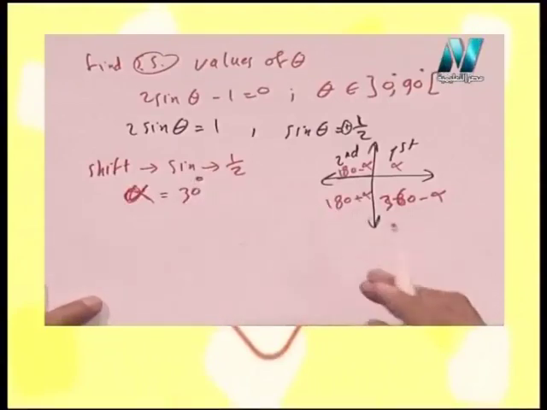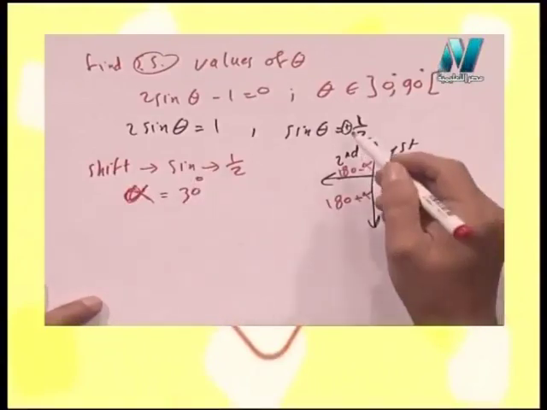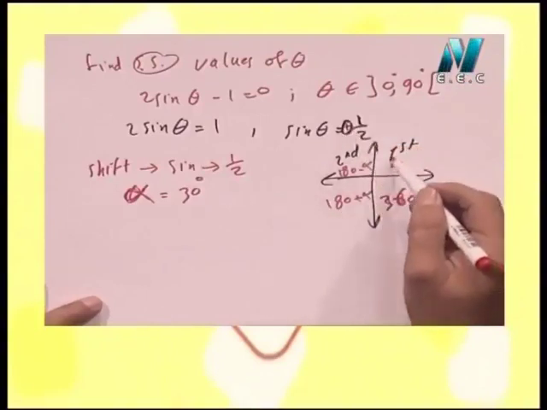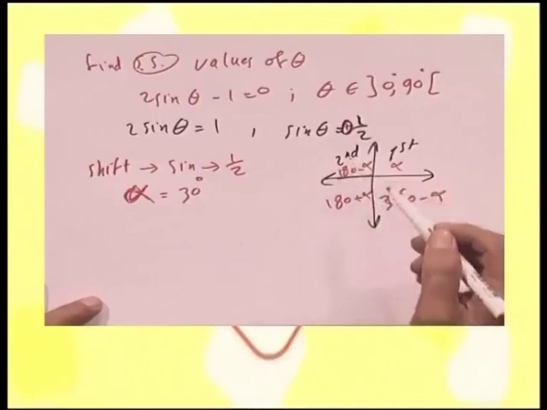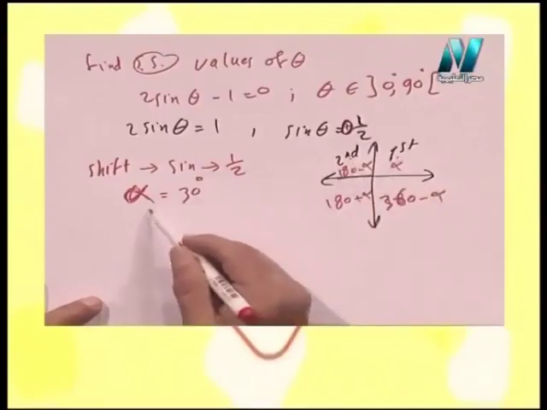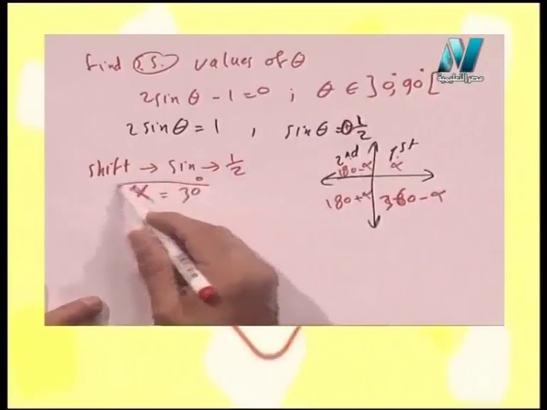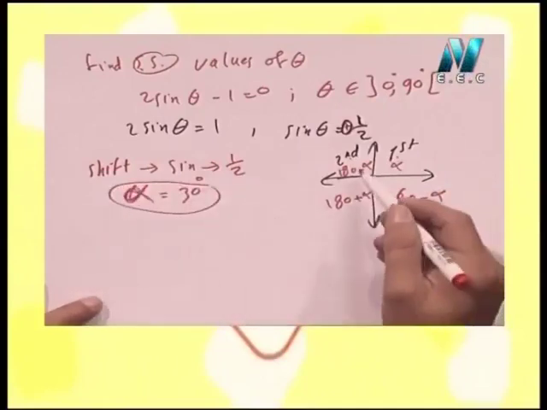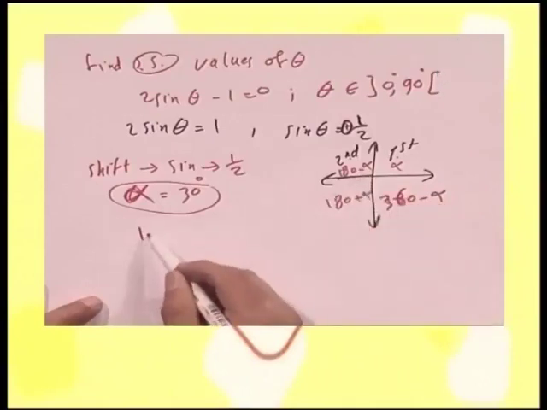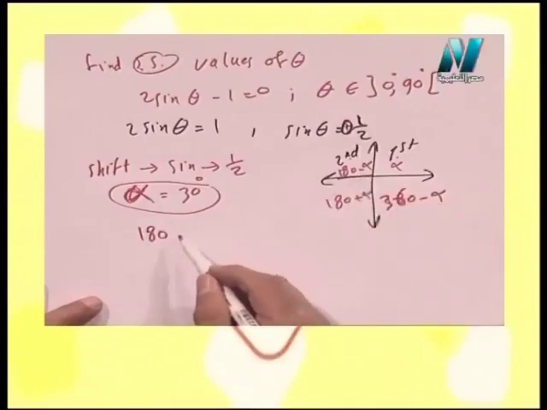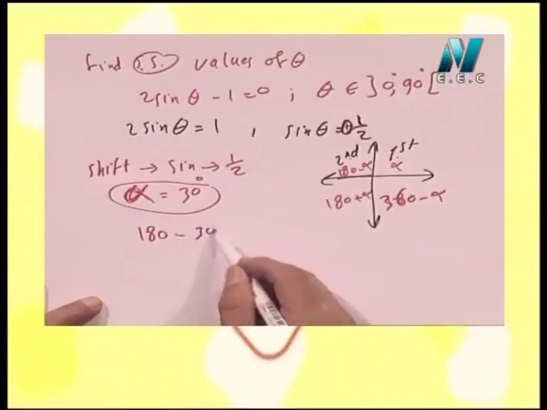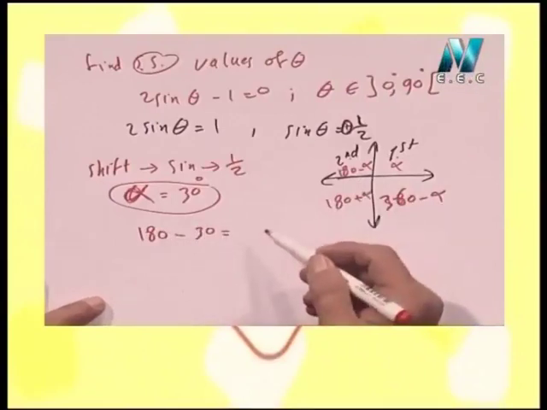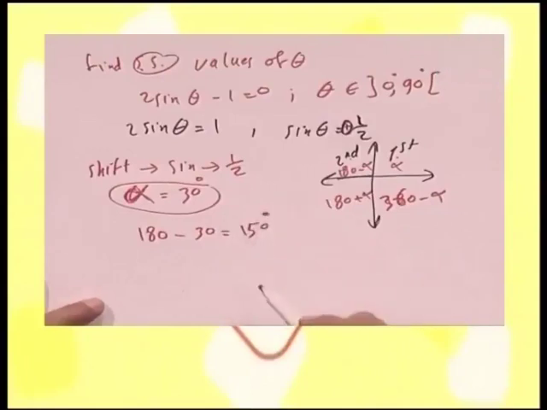Okay, and we know that this function is positive in the first and second quadrant. First quadrant means alpha equals 30 itself, and the second quadrant means that we have to find the result of 180 minus 30, which will be 150 degrees.